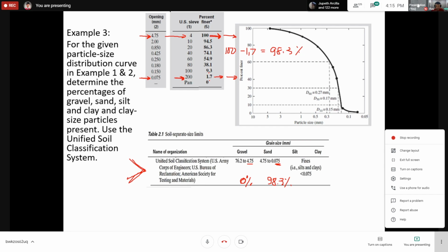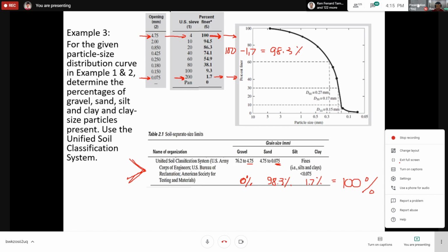Since what passed through is 1.7%, meaning it's smaller than the sand, it's obvious that your fines are 1.7%. Now, you can verify your answer by adding up the different percentages. It should be 100% for your answer to be correct.